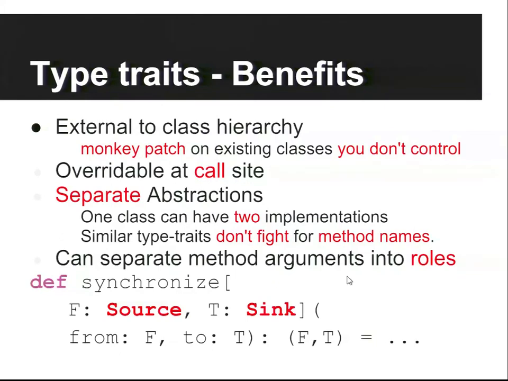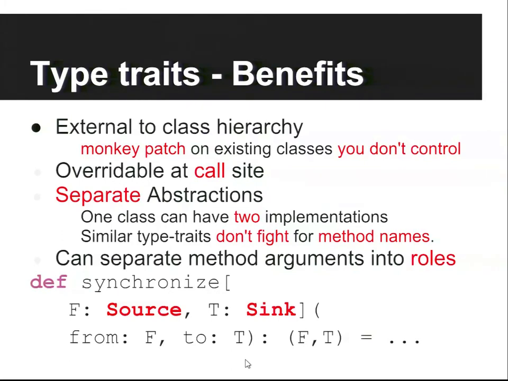So if I define an interface for source and sink as type traits, I can make sure that the from, which happens to be a java.util.File, is an instance of source, and the to, which is also a file, is an instance of sink. I can make sure that I don't accidentally call the wrong API, but I still return files at the end of the day. I still preserve the fact that it was a file, but I'm treating one as a source and one as a sink.